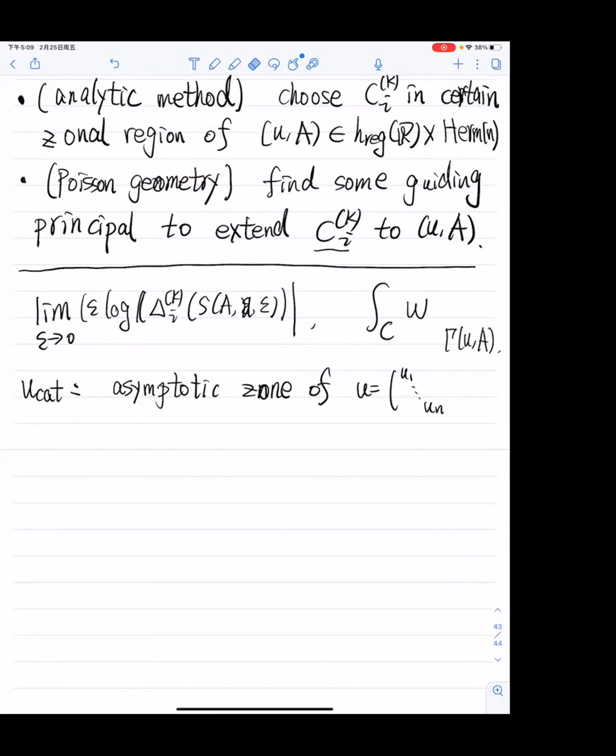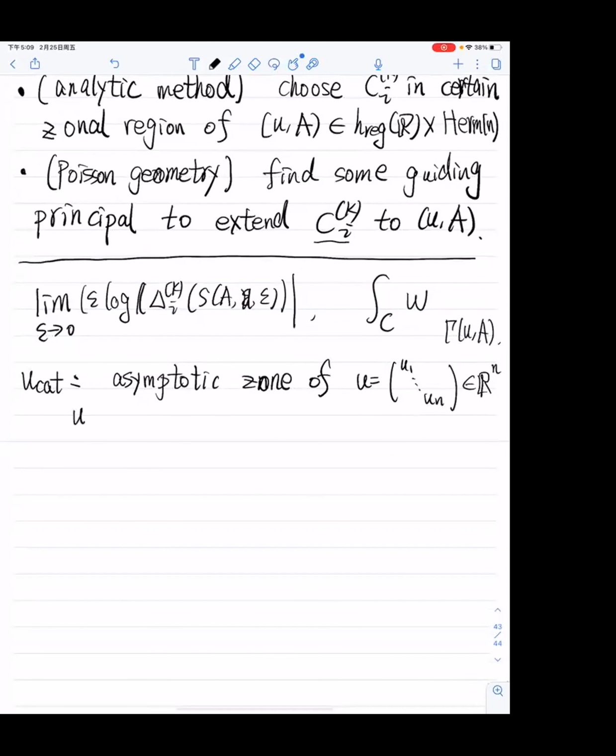So this is simply any diagonal elements are real. So the asymptotic zone is basically we let U_k or U_{k+1} goes to 0.